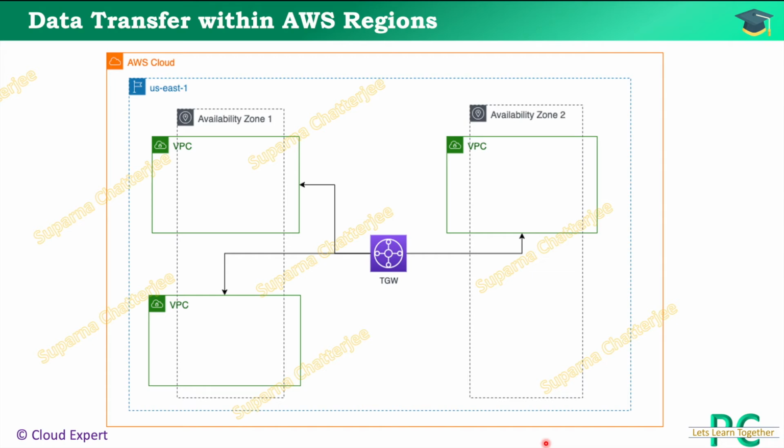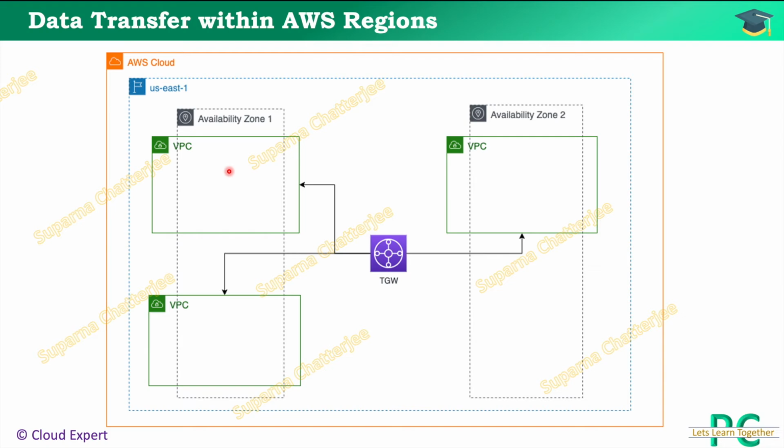Let's understand some use cases where we need data transfer within an AWS region. In the previous example, we connected those VPCs using VPC peering and we saw how the charges will be. In this example, let's assume we have a transit gateway in the picture, and using the transit gateway, we are peering the VPCs inside one region, but the VPCs are in different availability zones.